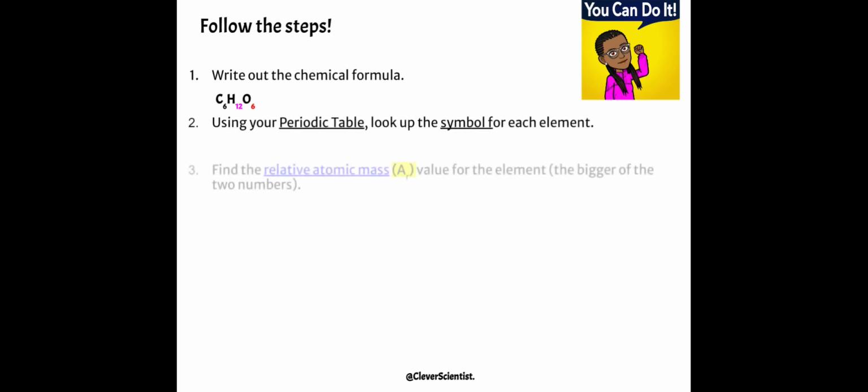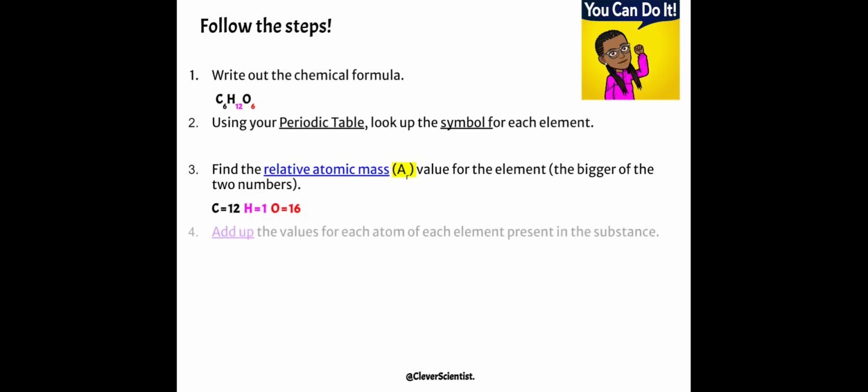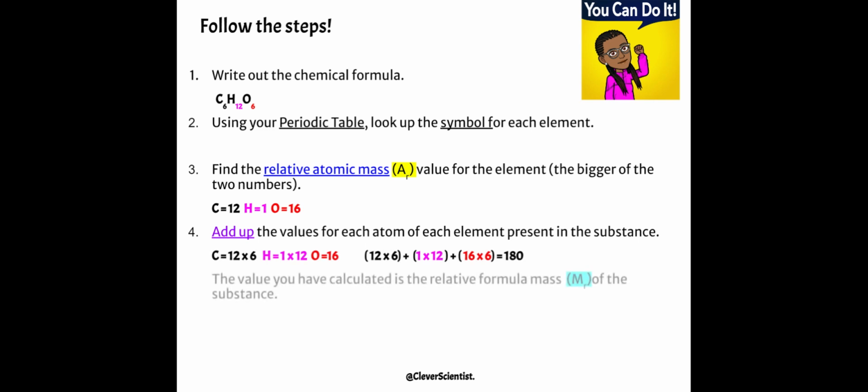And when you've done that, you can find the relative atomic mass value for each element. Carbon is 12, hydrogen is 1, and oxygen is 16. Now we're going to add up the values for each atom of each element present in the substance. Now you can see for the formula, we've got 6 carbon atoms, we have 12 hydrogen atoms, and we have 6 oxygen atoms.